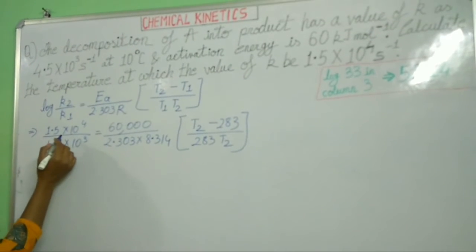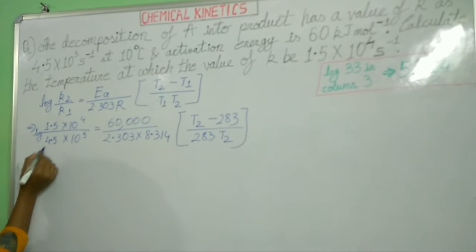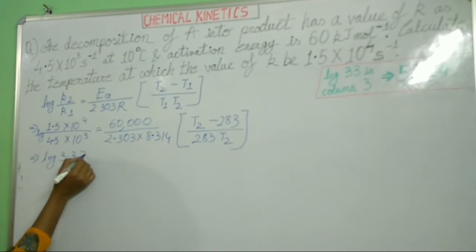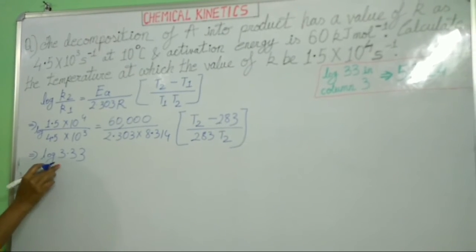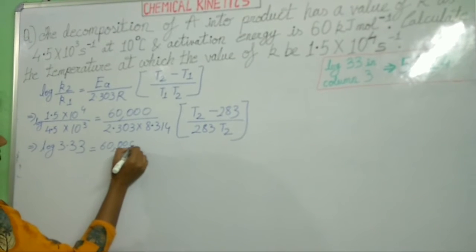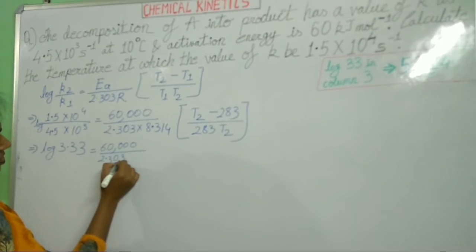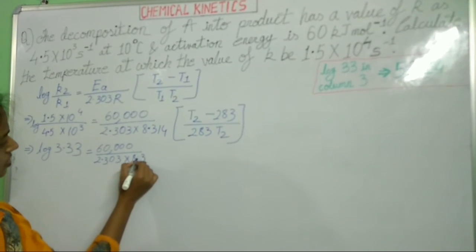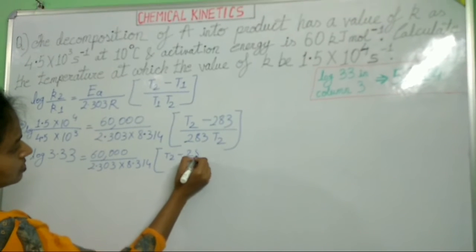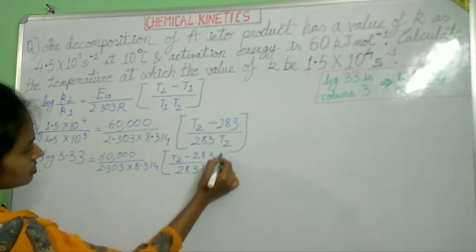Okay. Now, calculate it. 15 by 4.5 means 10 by 3. Okay. 10 by 3 means log 3.33. 10 divided by 3 is 3.33, equal to 60,000 divided by 2.303 into 8.314 into T2 minus 283 divided by 283 T2, right?